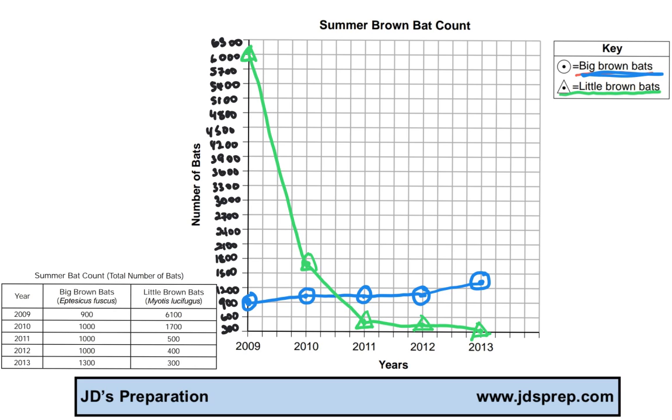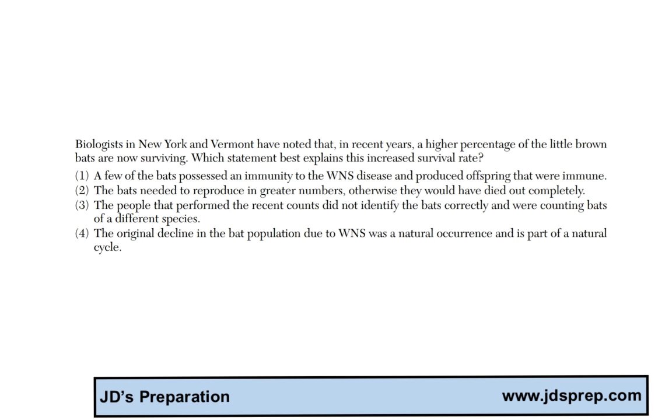Now that we've completed those 3 parts, let's move on to the next question. Biologists in New York and Vermont have noted that in recent years, a higher percentage of the little brown bats are now surviving. Which statement best explains this increased survival rate? 1. A few of the bats possessed an immunity to the white nose syndrome disease and produced offspring that were immune. 2.